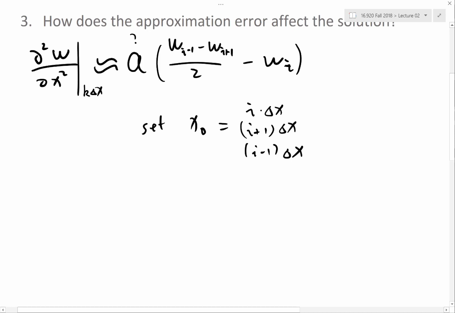The final result is the same, but what matters is how much arithmetic you have to go through. You can even set x0 equal to i plus 2 times delta x and get the same result, but with much more complicated calculations. In this case, this choice turns out to have the least calculation, so let's stick with it.